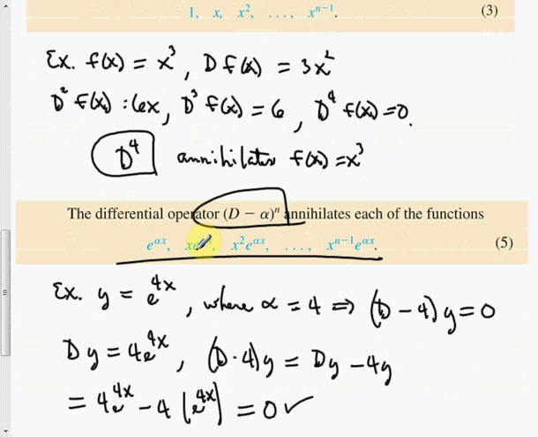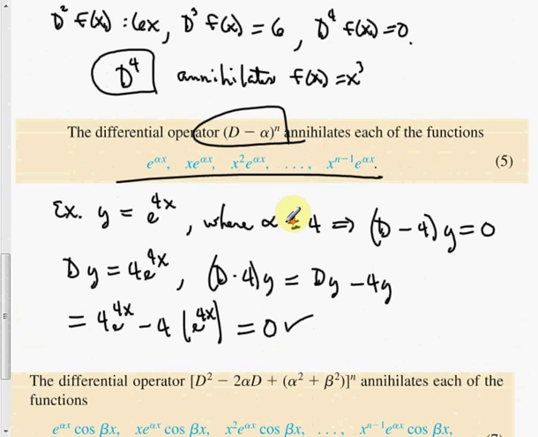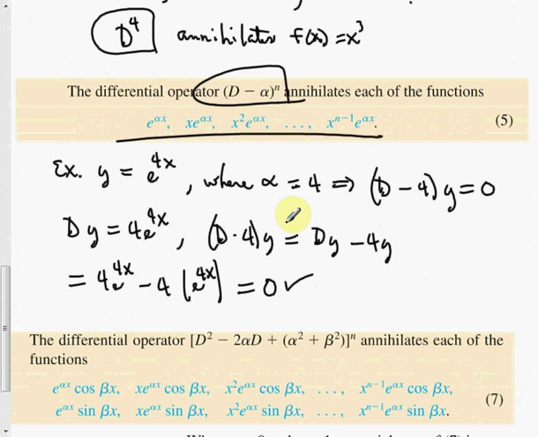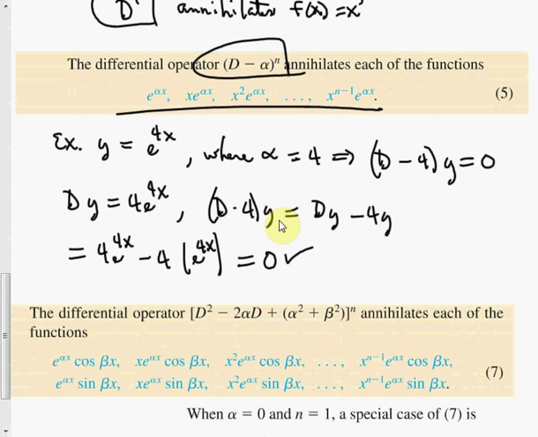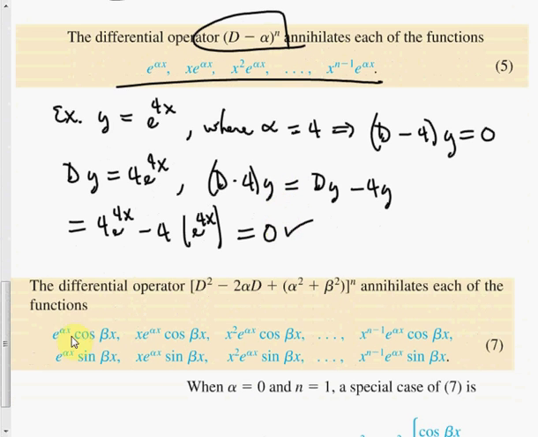But here this guy is repeating one time. So I'm going to use the next number up. So if this is x times e to the alpha x, then I'm going to use d minus alpha to the second power to annihilate that term.